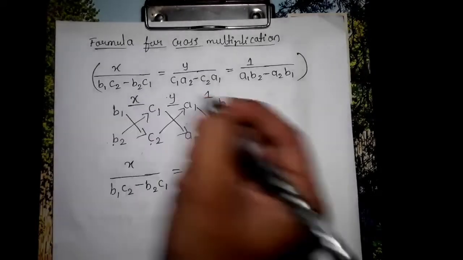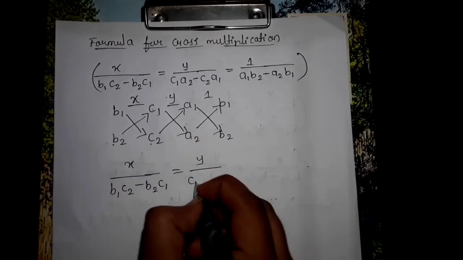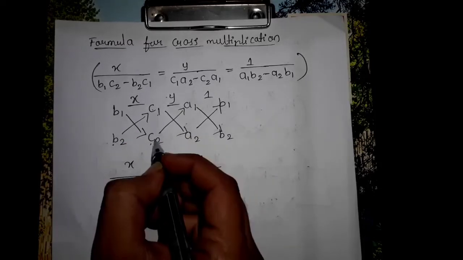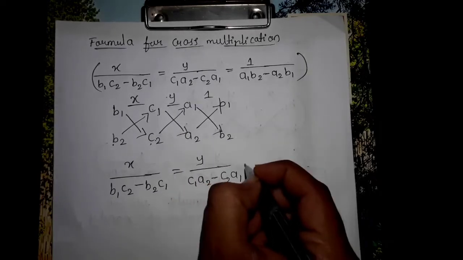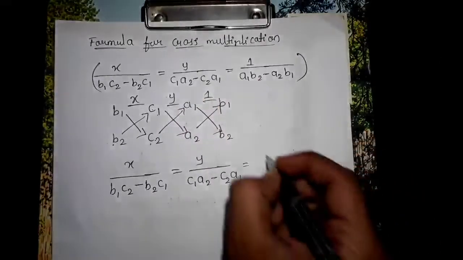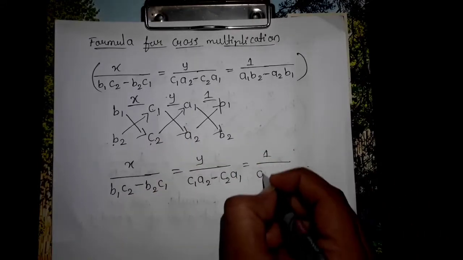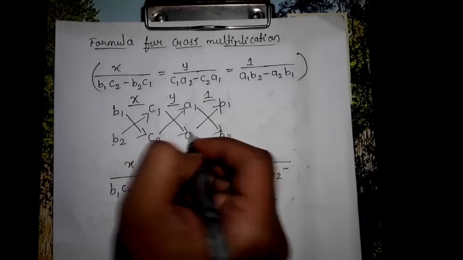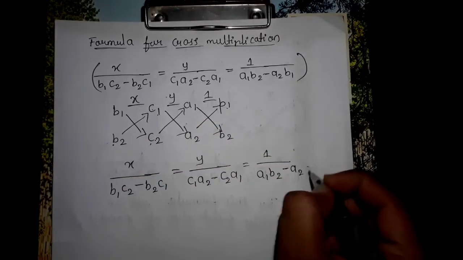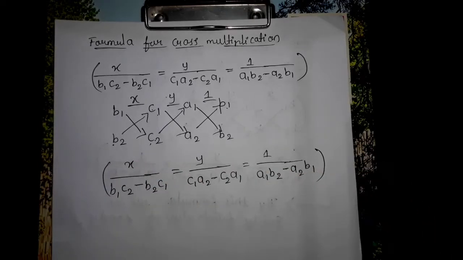that is equal to y divided by c1 a2 minus c2 a1, that is equal to 1 divided by a1 b2 minus a2 b1. See how easy it is to form the formula.